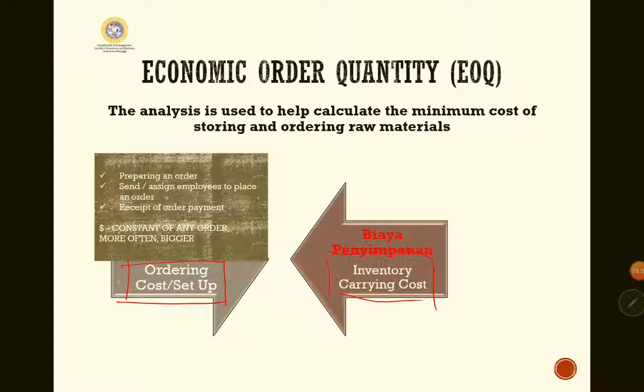The ordering cost or setup cost consists of preparing an order, sending employees to place an order, receipt, and order payment. So one thing to note here in ordering cost is it is constant for any order.